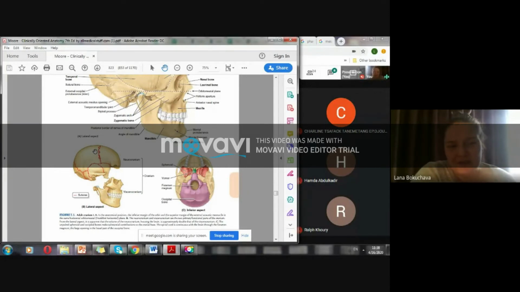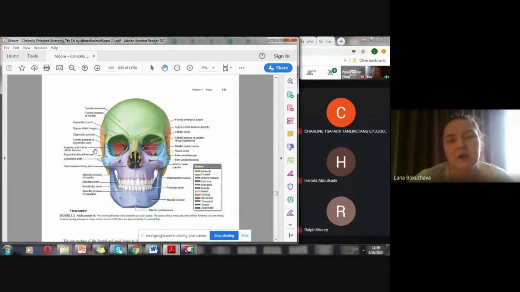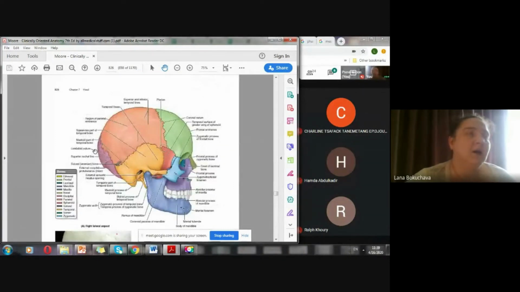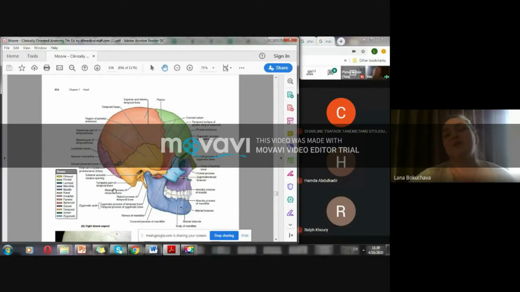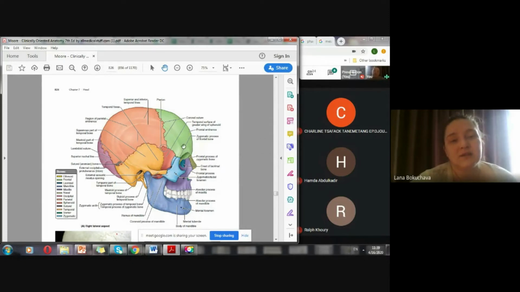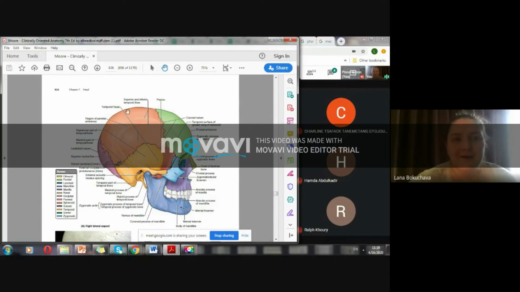So why am I saying all of this again, in the parts of the head? I just want to show you the structure. Because here you can see that most of the neurocranium is composed of flat bones, first of all. These flat bones include the frontal one, here in a greenish color, and the parietal one, which is in a red color.